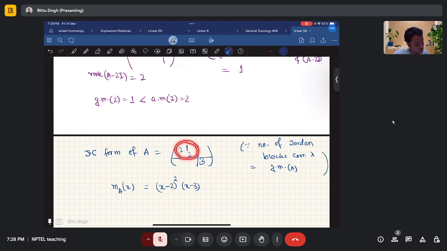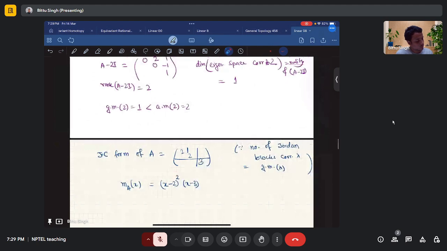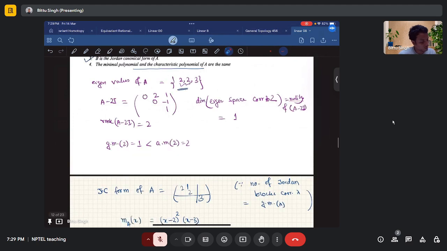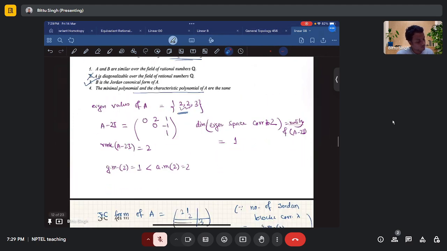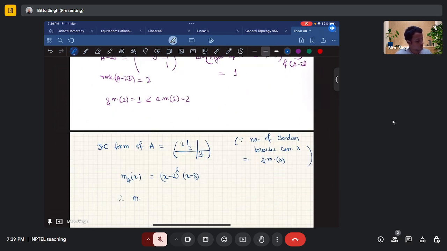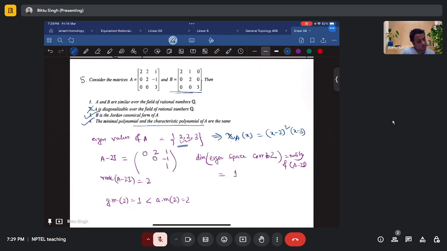The largest Jordan block corresponding to 2 has size 2, so the degree of x minus 2 should be 2. It is clear that those two are the same. m_A(x) is the same as chi_A(x), because the characteristic polynomial chi_A(x) is x minus 2 whole squared times x minus 3. So this option is correct.